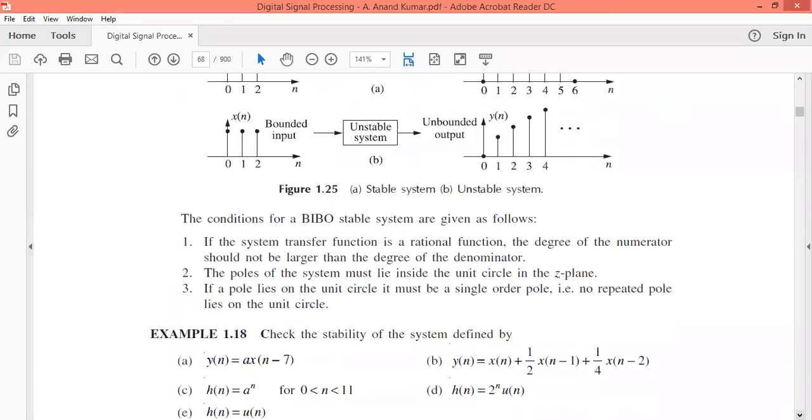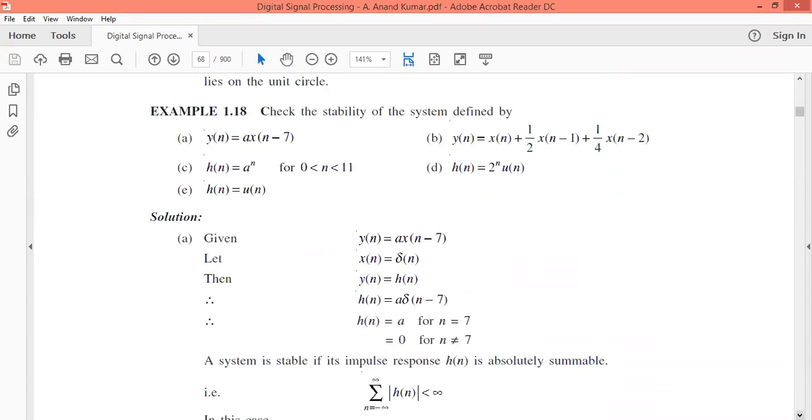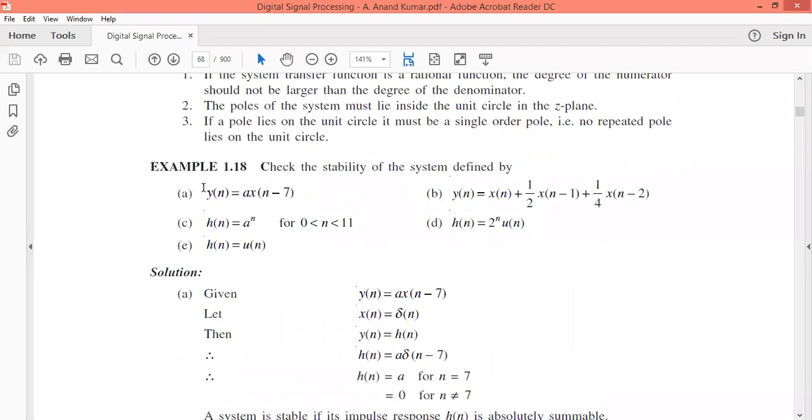Now, how do we check the stability of the system? Say we apply x[n] equal to delta[n]. Whenever we have this type of equation, we should apply the input x[n] as delta[n] and check the output.